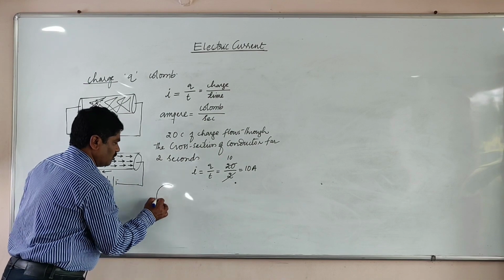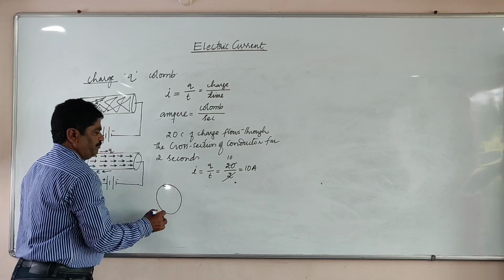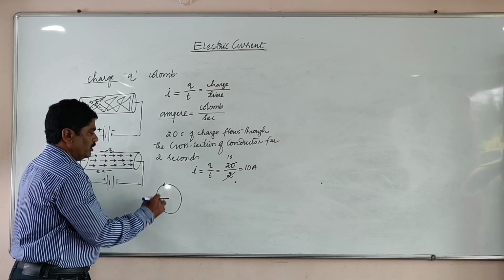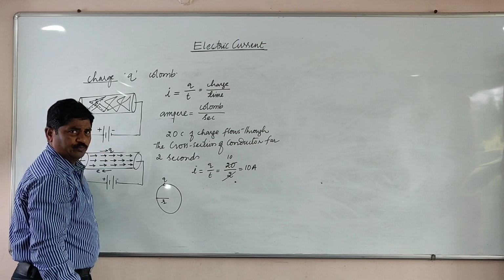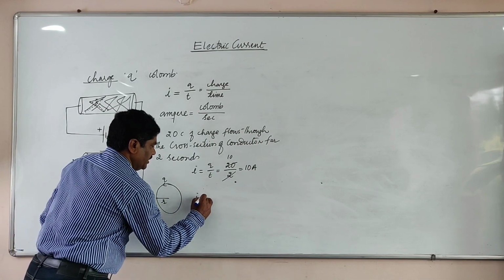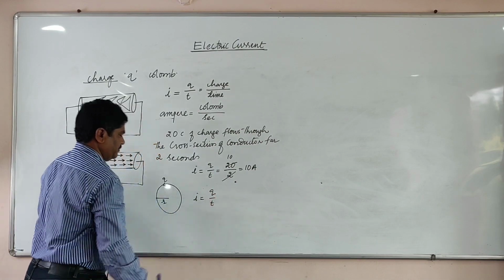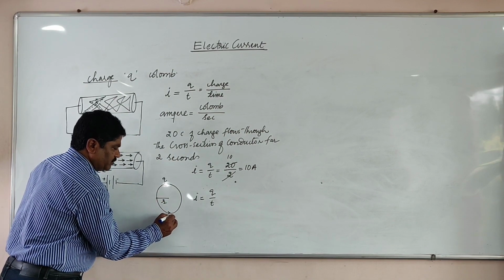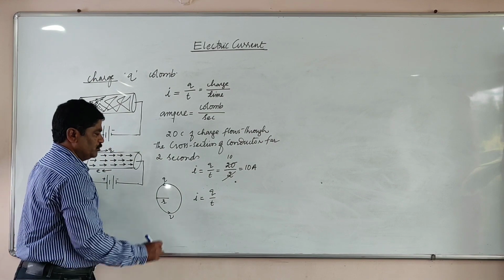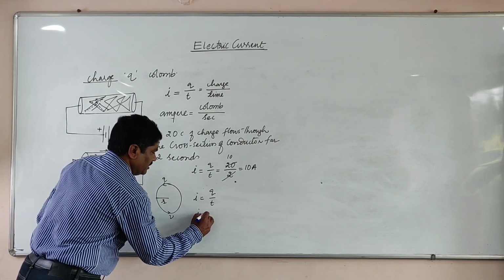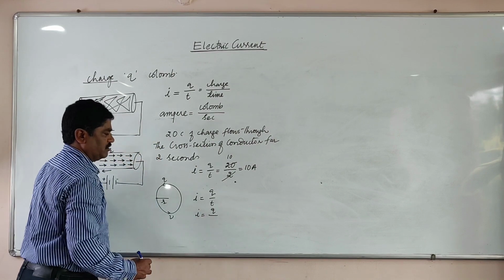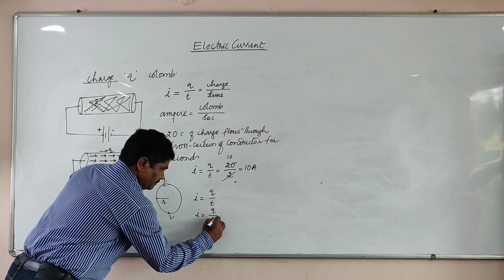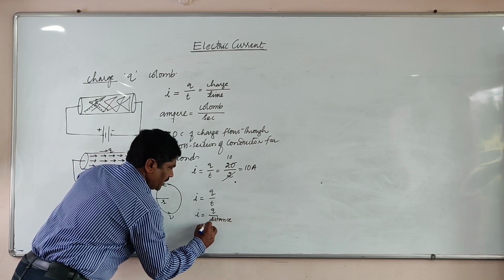But whenever an electron is rotating in a circular path of radius r, the charge of the electron is Q. Now I is equal to Q by T, but this electron is moving along the circular path with a speed v. So how can you calculate the current? Current is the charge of the electron by the time, and time you can write as distance by speed.